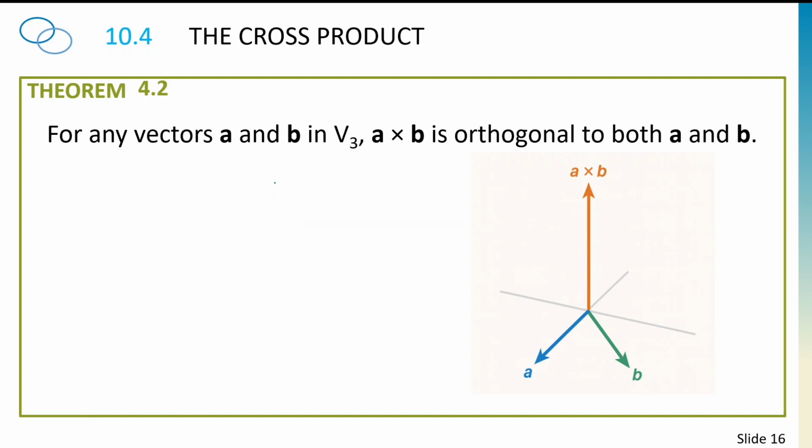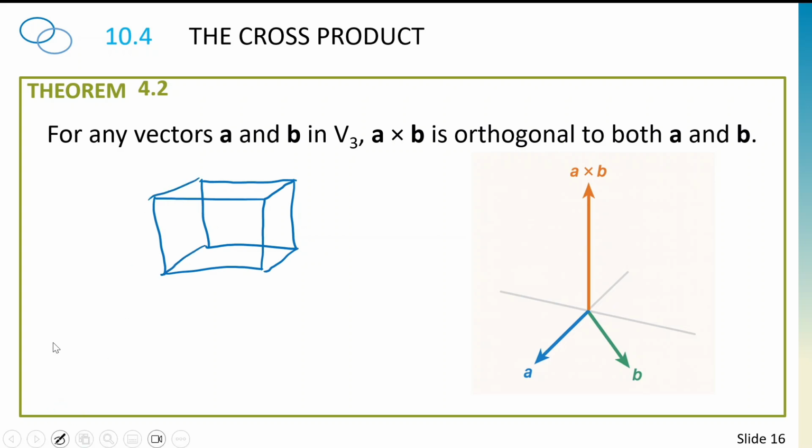You can even think about it using a cube, let's say. I could use the cube to see this relation. So let's say that I have this cuboid. If this is the first vector and this is the second vector, then their cross product will be where?